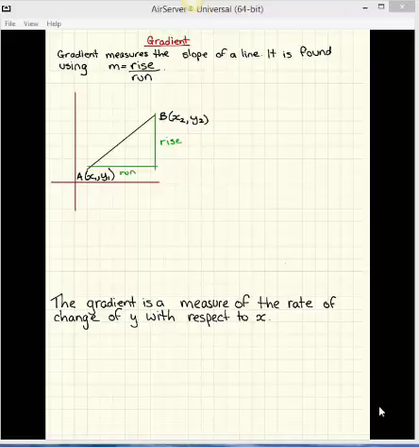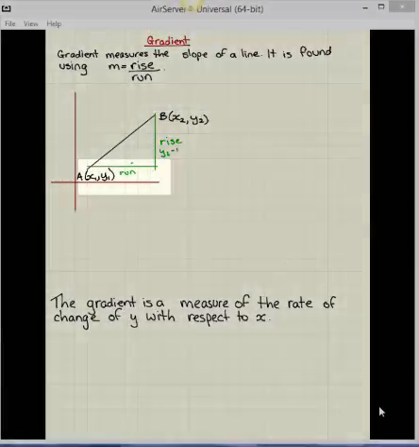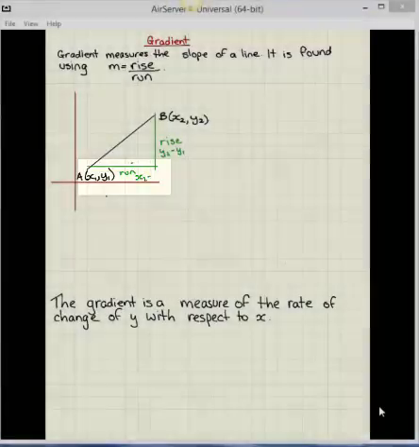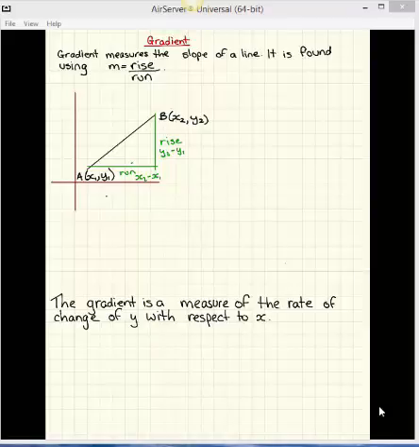Now, we talked before in one of the previous videos about how to find these distances. We know that the length of this vertical side here is y2 minus y1, and we know that this length here, the run, is x2 minus x1. So what that means is that we then have a measure for the gradient.